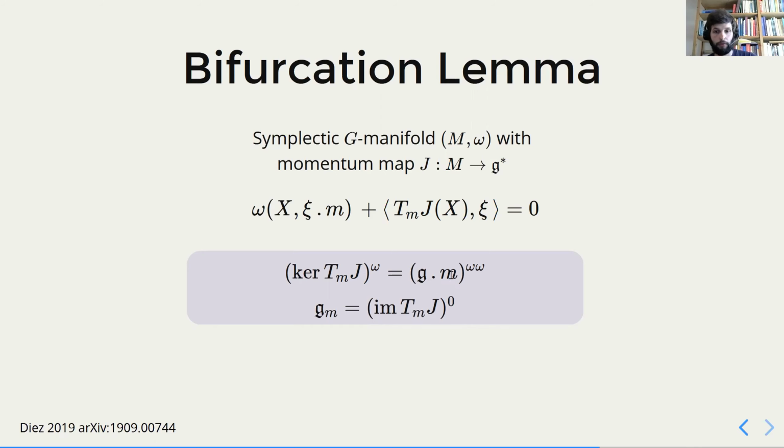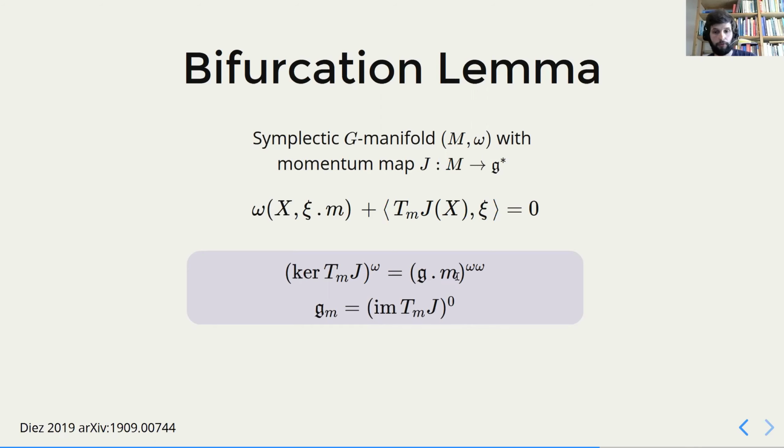So that is the orbit acting on the chosen point, and then you take the double orthogonal. And similarly, you get an equation for the image of the momentum map, which is that you take the annihilator of the image, which is a subspace of the Lie algebra, and you calculate that this is exactly the stabilizer of the point.